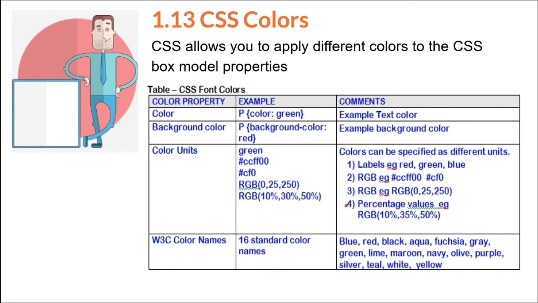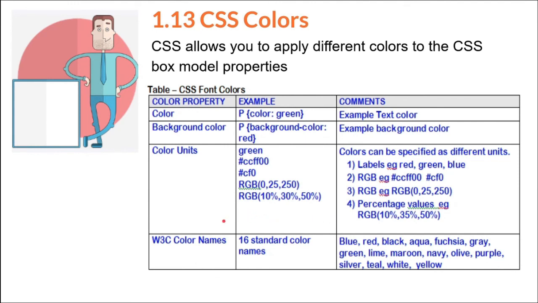Next, we can also specify the RGB values in percentage values. So we've got red, green, blue at 10%, 35% and 50%. So 10% would correspond to 10% of 255. As mentioned before, we have the standard color names.